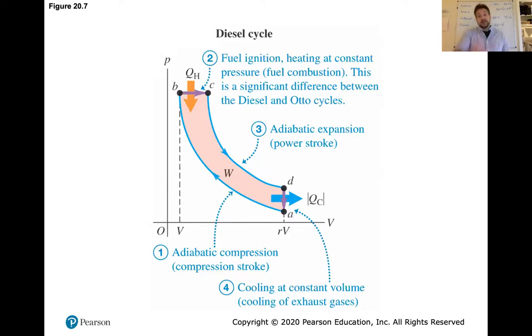Can we do better than the diesel cycle? The answer to that question requires us to examine the processes that we're using in a little bit of a different light.